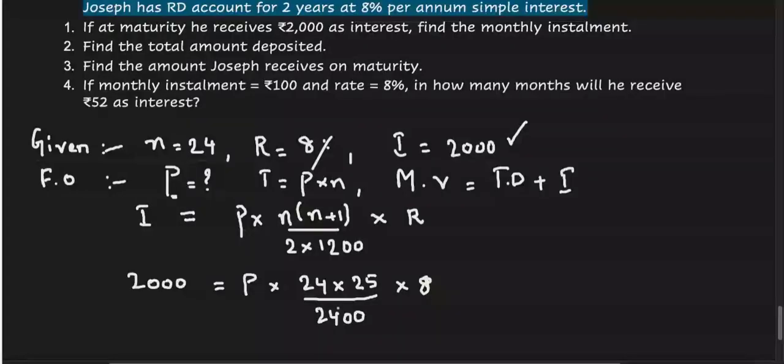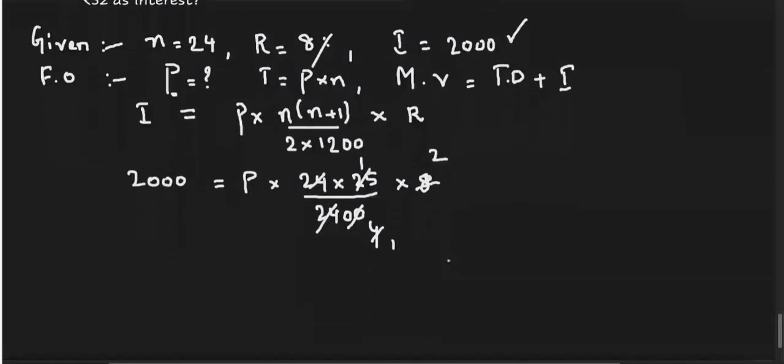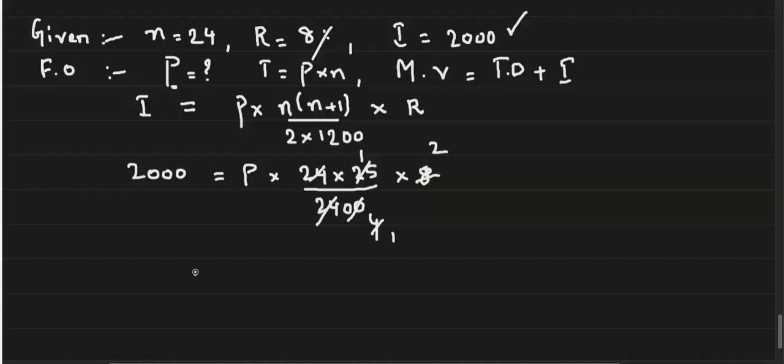So this 24 gets cancelled. 100 4 times is 1 time, and 4 ones, 4 twos. So what is remaining here? 2000 is 2 multiplied by P. So 2 will go to that side and divide the 2000.